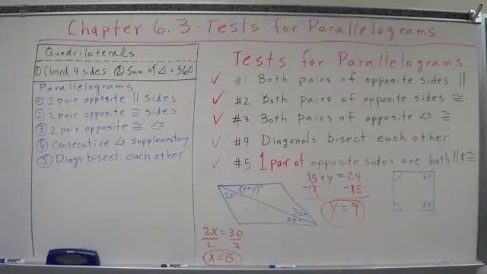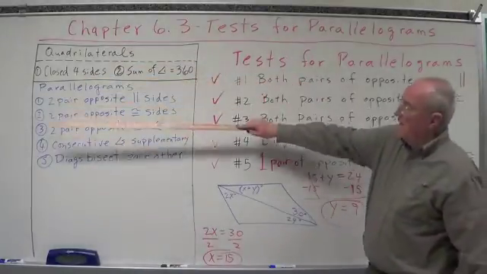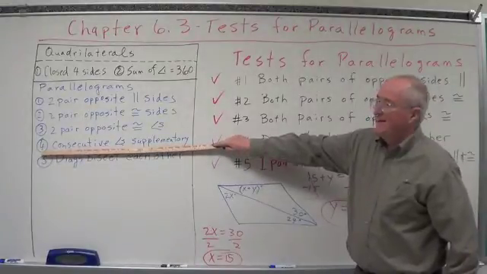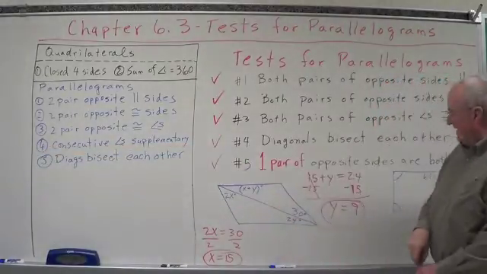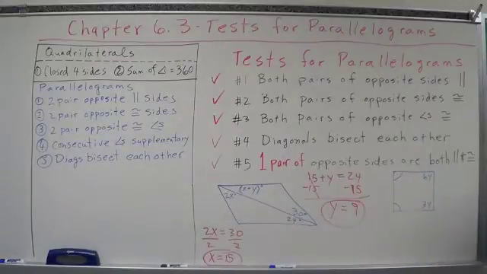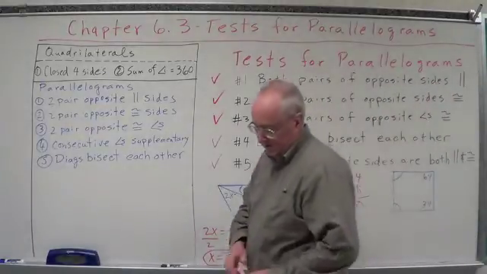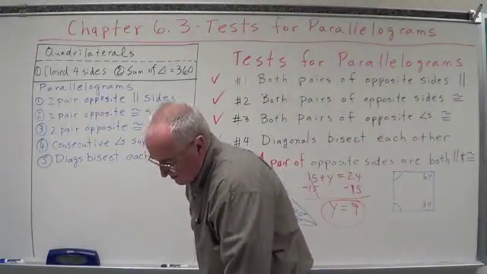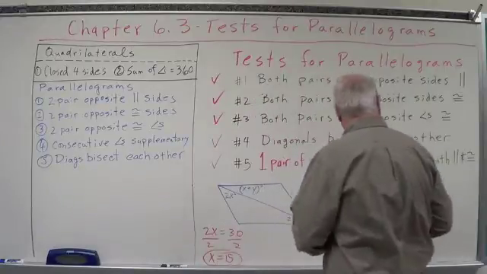Well, what do we know about consecutive angles of a parallelogram? We know that for a parallelogram, consecutive angles are supplementary. That means these two angles have to add to 180, and they also have to be congruent.